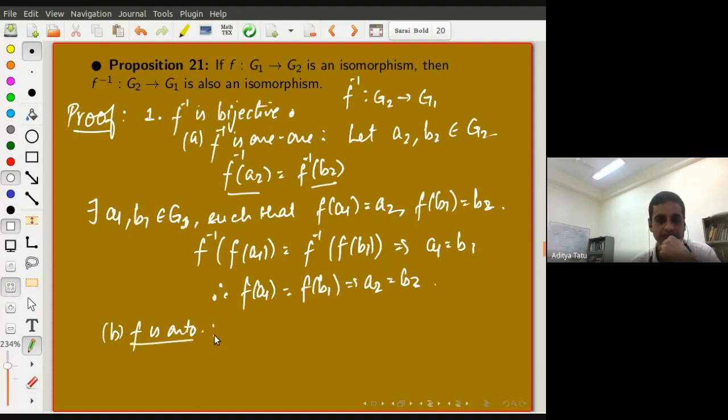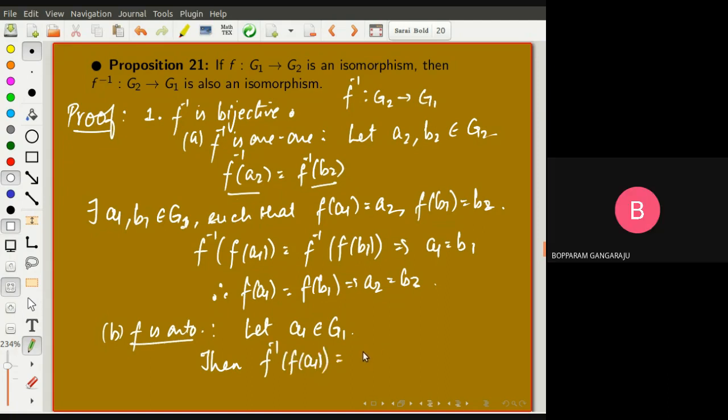Will you show that? So let A1 belong to G1, right? Then F inverse of F of A1 will be equal to A1.